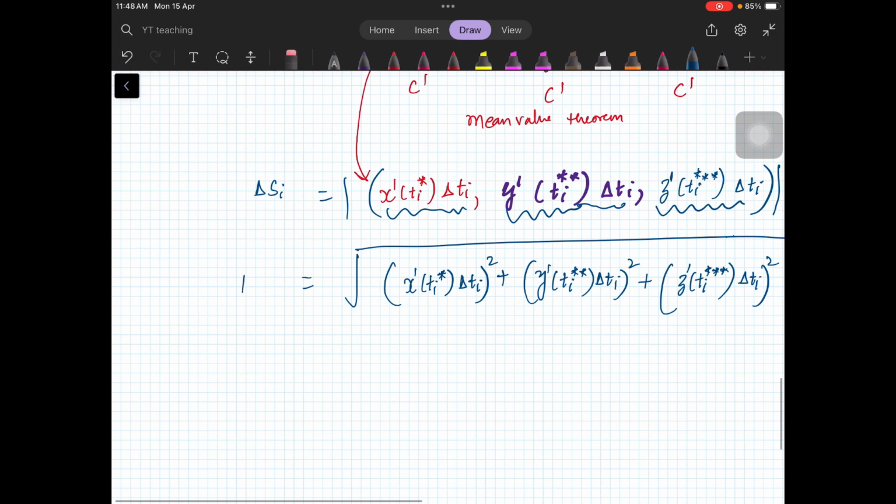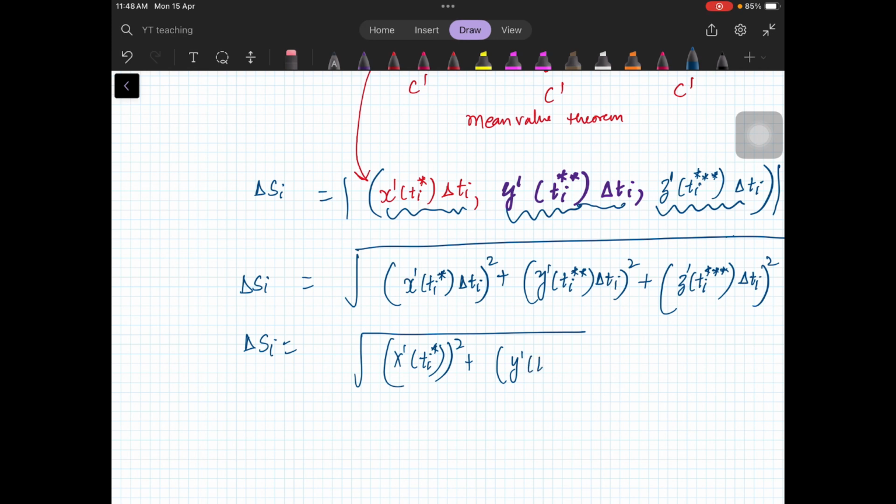Now this is my delta si. Delta si would be the square root of x prime ti star squared plus y prime ti double star squared plus z prime ti triple star squared. What I am doing is taking these terms common, so out of the square root sign, delta ti will come. So this is my delta si.